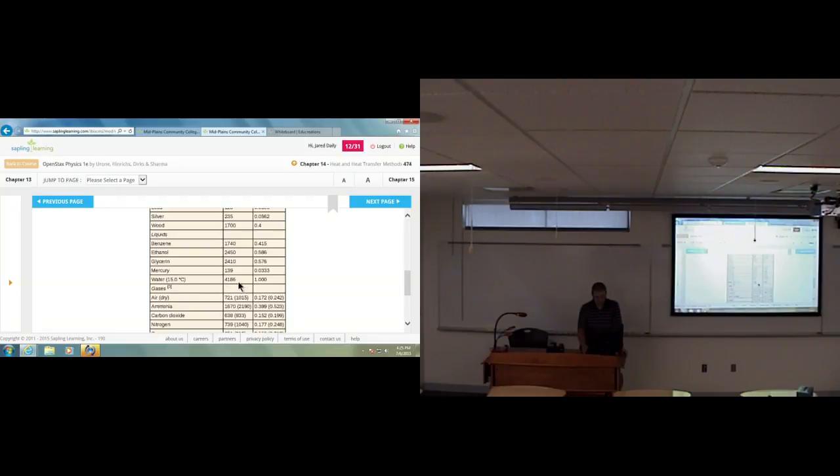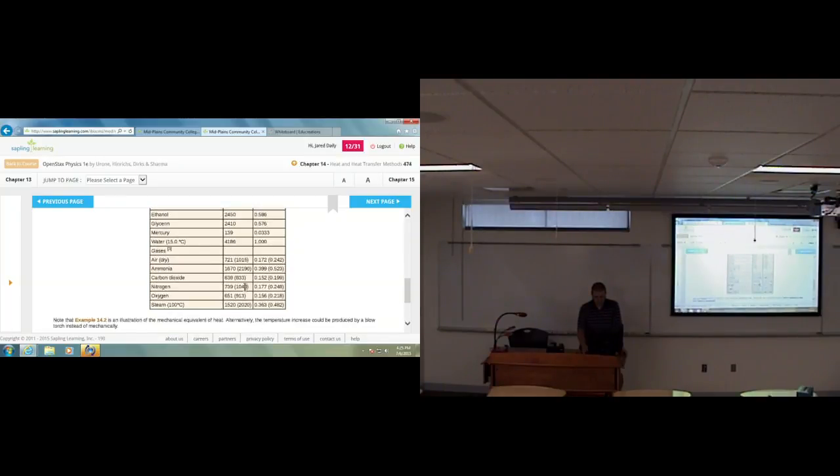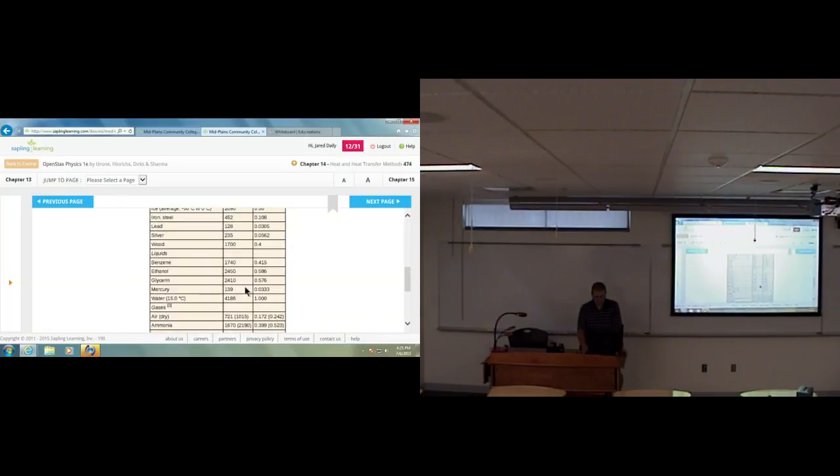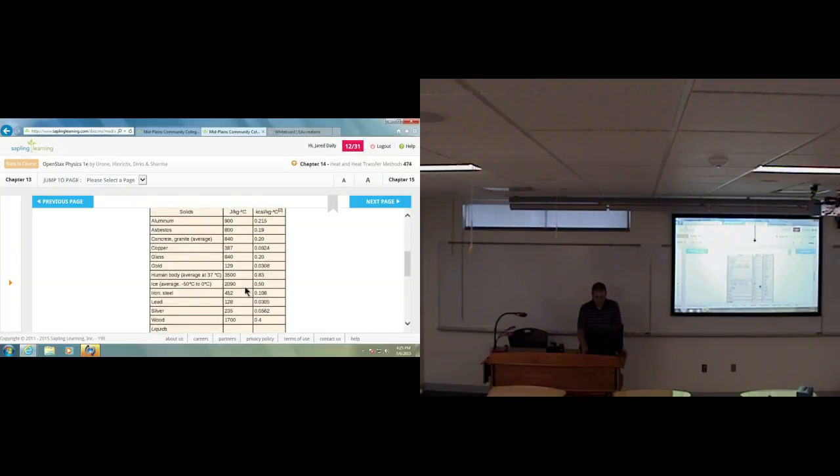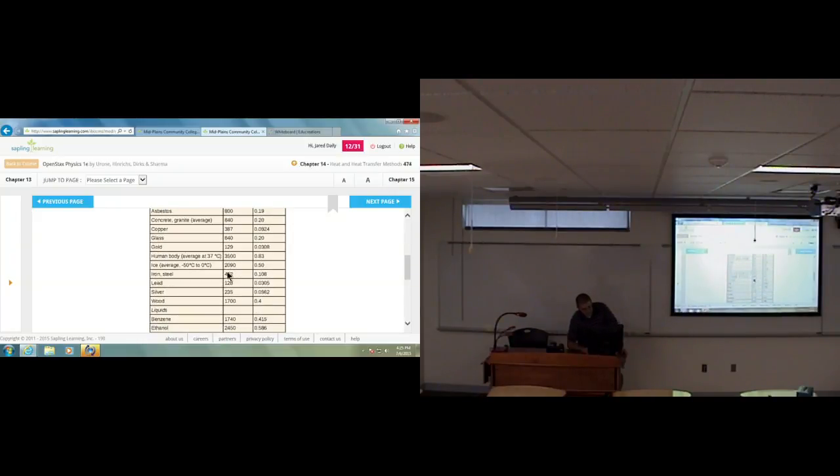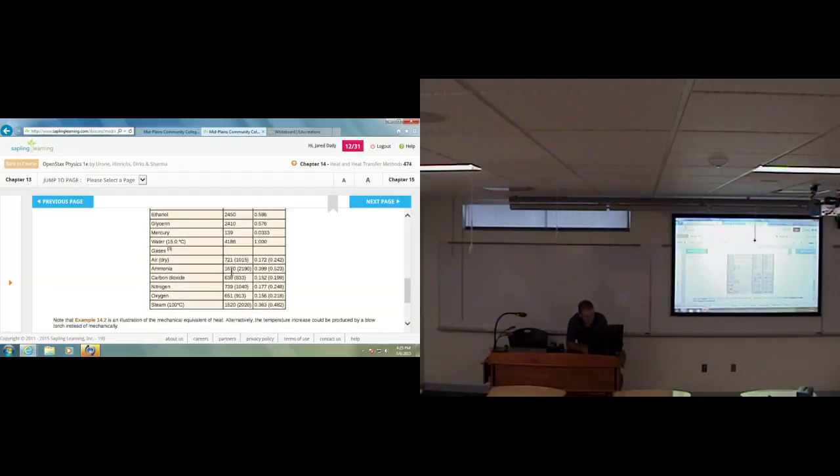There it is, 4186, right? And it's pretty much the highest thing on this list. It holds a lot of energy. Ice does a pretty good job too, but not nearly as well as liquid water. Gases generally hold a little bit less. Steam is still pretty high up there.